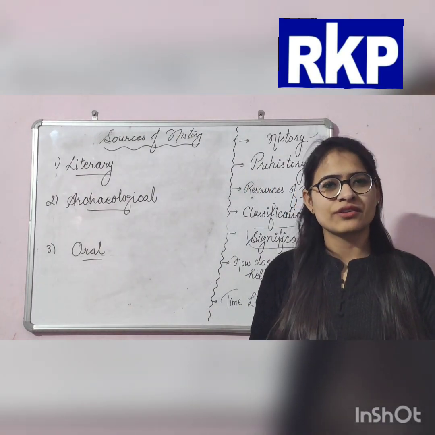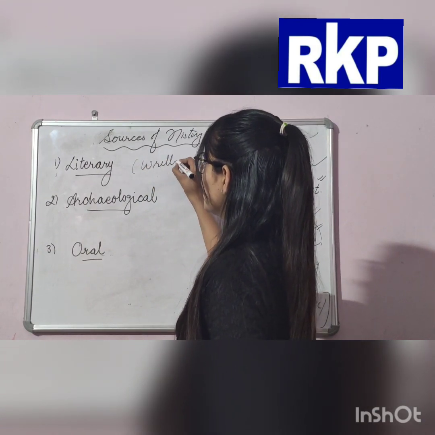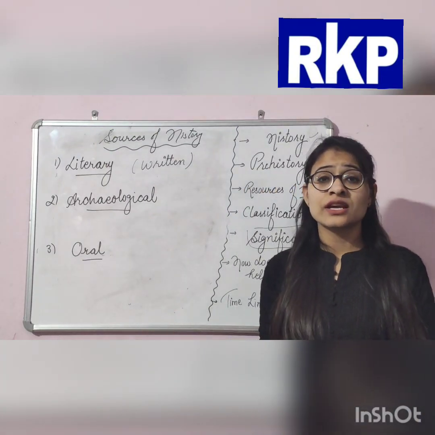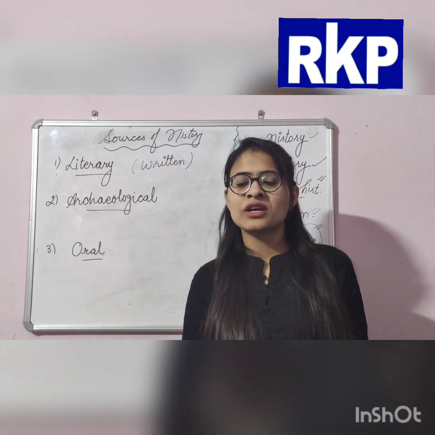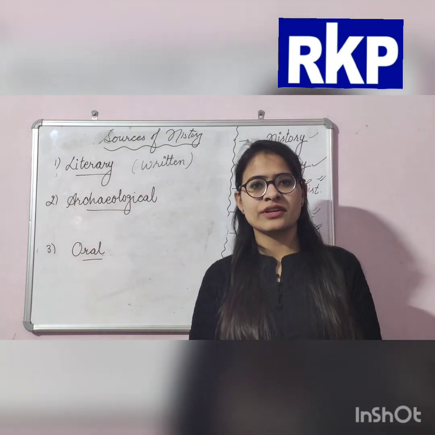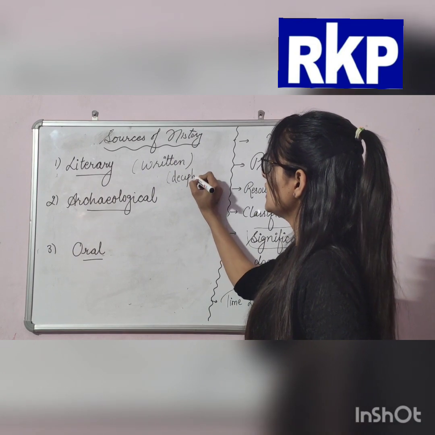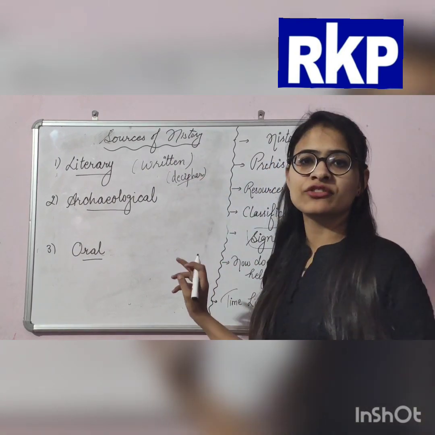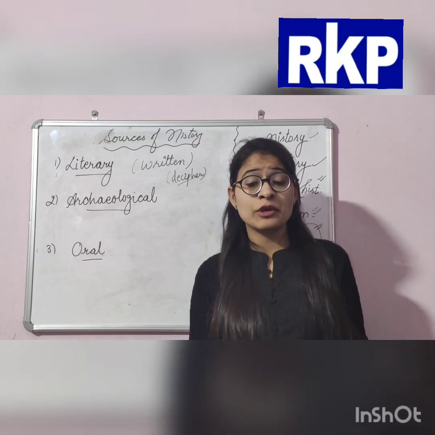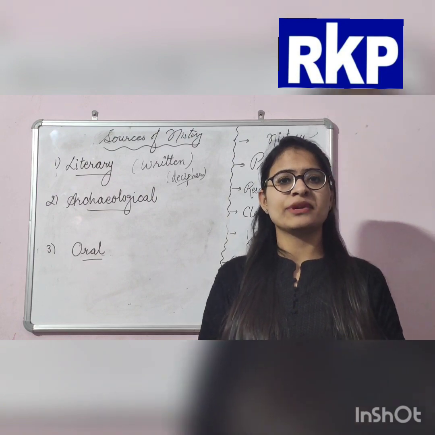What is the meaning of literary? Literary means written. So the records, the resources which we have in written form, are called literary resources, and they are decipherable. It is pronounced decipher, D-E-C-I-P-H-E-R.